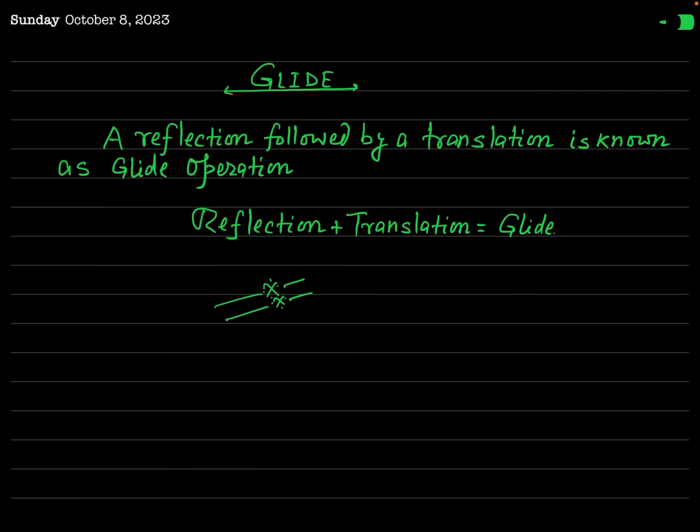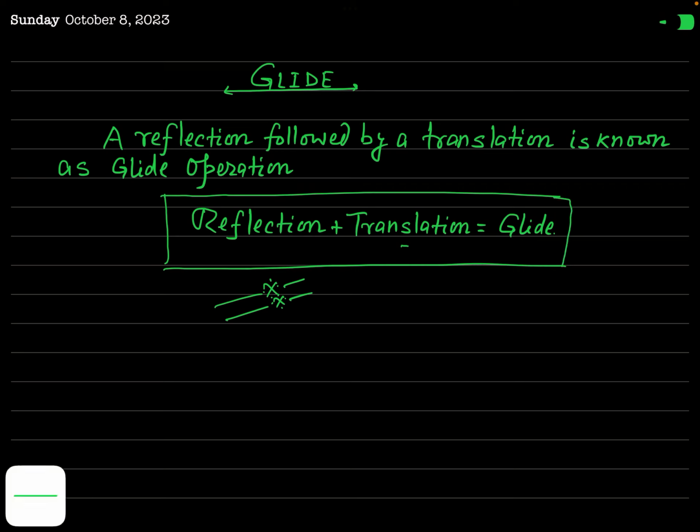Now the third allied symmetry operation is called glide. What is this glide? Actually this glide is the combination of reflection and translation. So I have mentioned it here in a mathematical way that reflection plus translation is equal to glide. It means if you want to perform this symmetry operation, first of all you have to follow the reflection symmetry, and after reflection you have to perform the translation.